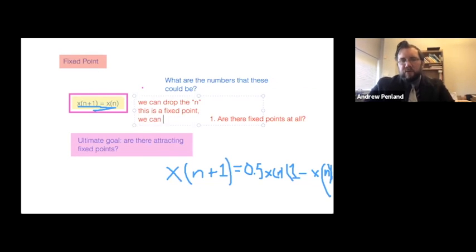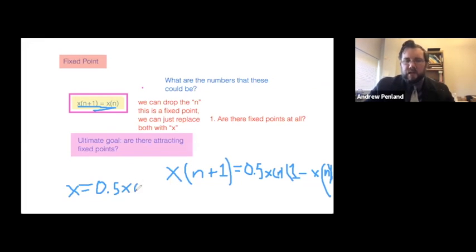We can just replace both with x. And so now I have a really cool equation that will work nicely, which is x equals 0.5x times 1 minus x. So this is the equation that I need to solve.